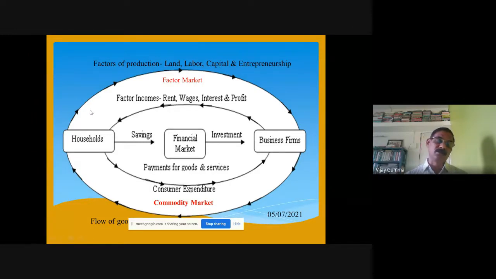See, the supply of services of factors of production to the business firm sector gets converted into the production of goods and services and flows back to the household sector.